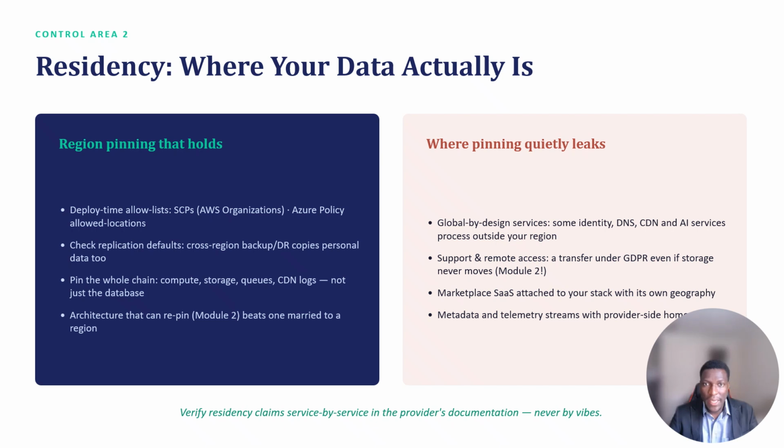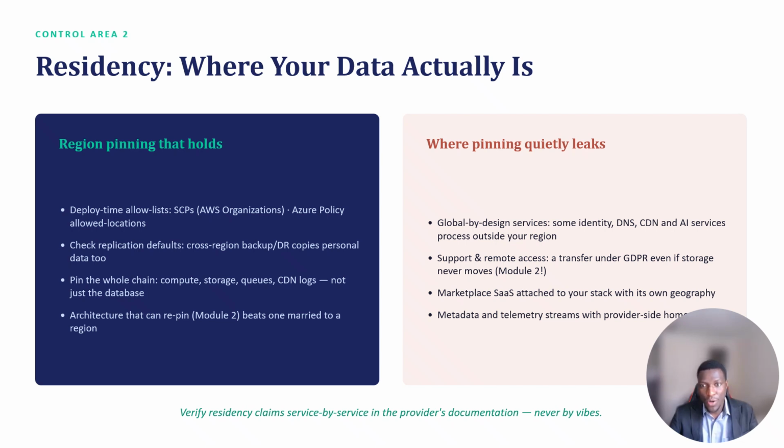Then general advice is also to pin the whole chain: the compute, the storage, the queues, your CDN logs. So you're not just looking at the database or storage, you're looking at the whole data lifecycle chain. And if you remember the lesson from module 2, an architecture that can repin regions is the durable asset.